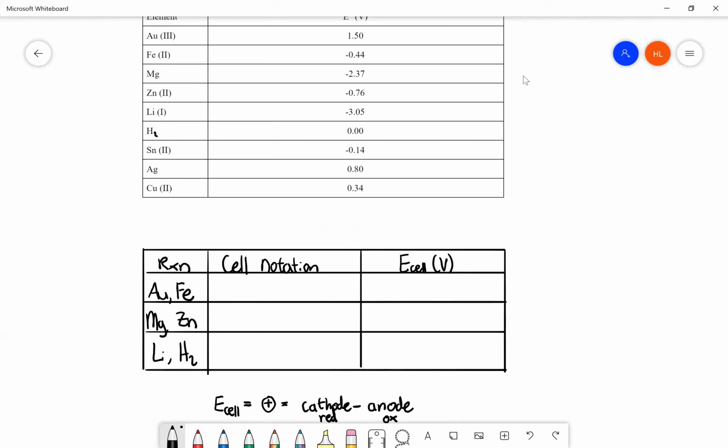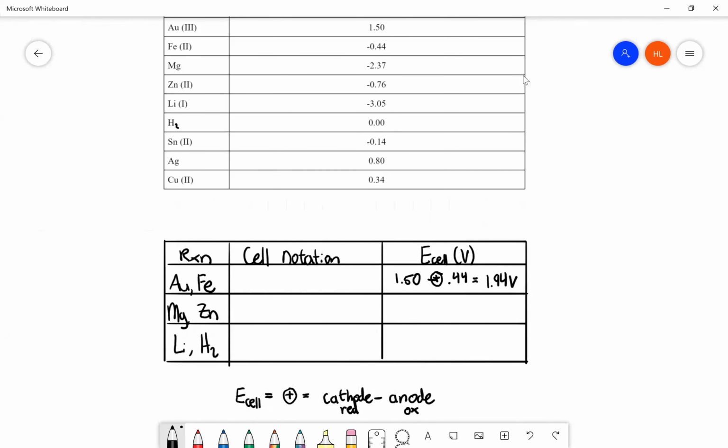I would put the larger positive number first, so 1.50, minus our negative standard reduction potential, so that the negative signs cancel out and become positive. So we can add 1.5 to 0.44 and get 1.94 as our E of cell.